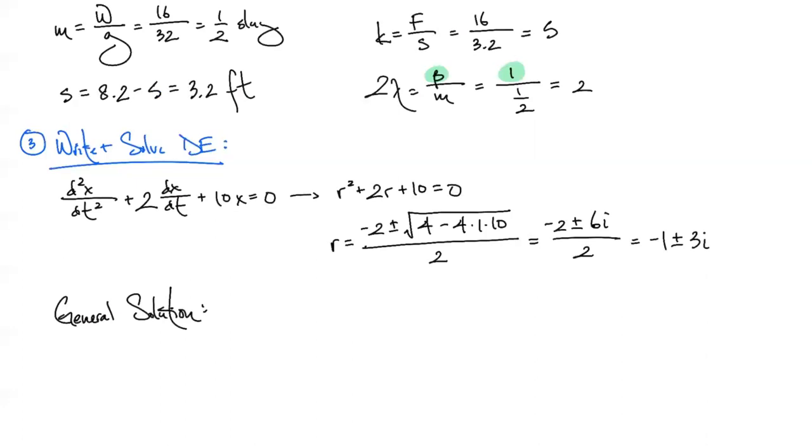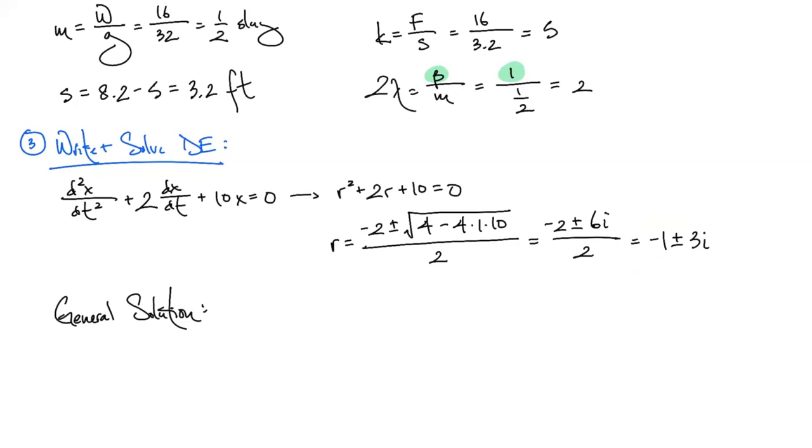What is different from some of the complex roots we've seen recently is that a lot of our first numbers have been 0, right? I want to bring our attention to the fact that this negative 1 is not a 0. That means we're going to have that e term in there as well.